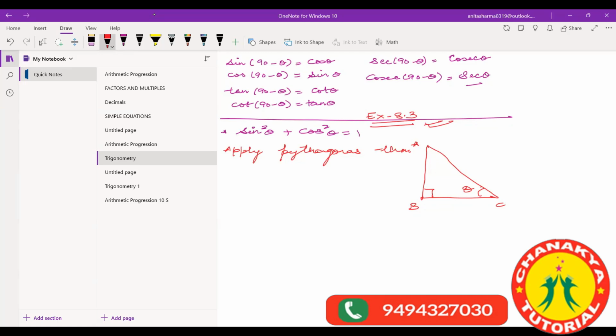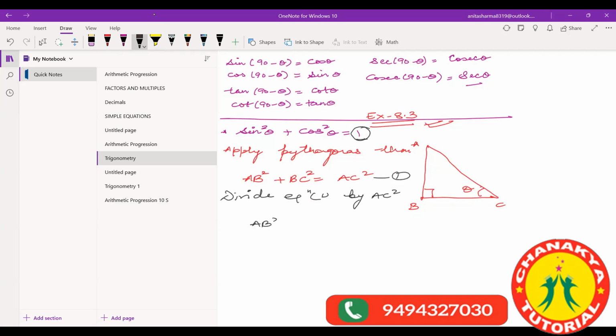What is your Pythagoras theorem, beta? AB square plus BC square is equal to AC square, right? Children, am I correct? Yes, ma'am. Now see, on the right hand side we need 1. So you will divide this equation by AC square.